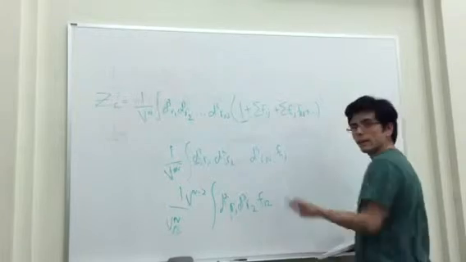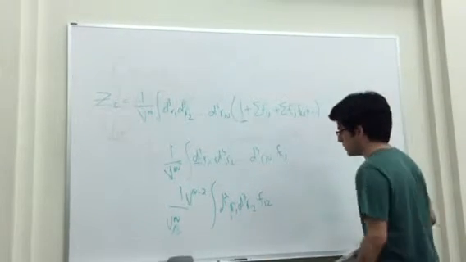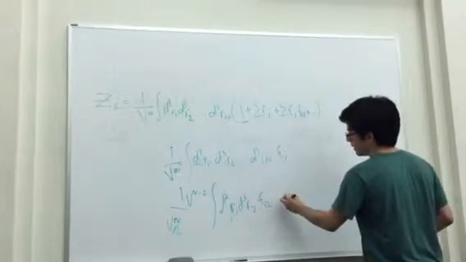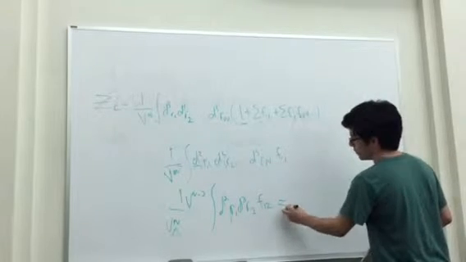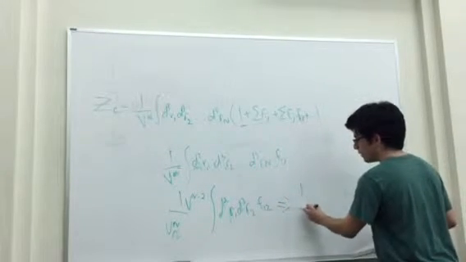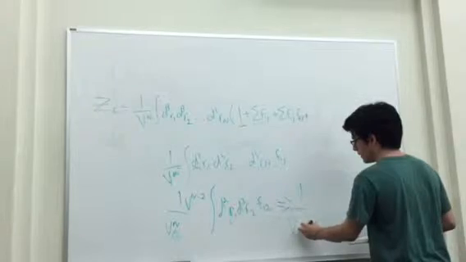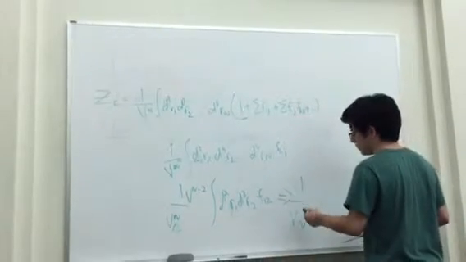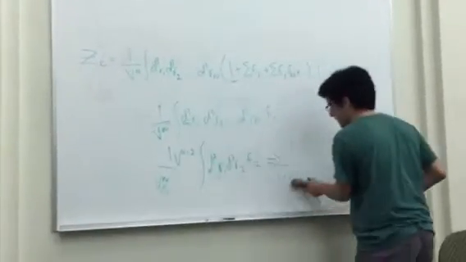And now since i and j can be any 2 pairs of particles, we can take this as ij, which goes into 1 over v to the n. What is that? That's not v to the n.